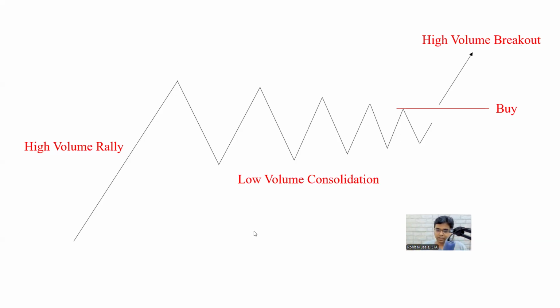So, in the market, there are 2 kinds of participants: retail participants and institutional participants. Institutional participants are the big money. Retail participants are people like you and me, the individual retail traders or investors in the market. So, whenever there is a high volume rally, both the retail participants and institutional participants are piling onto the stock.